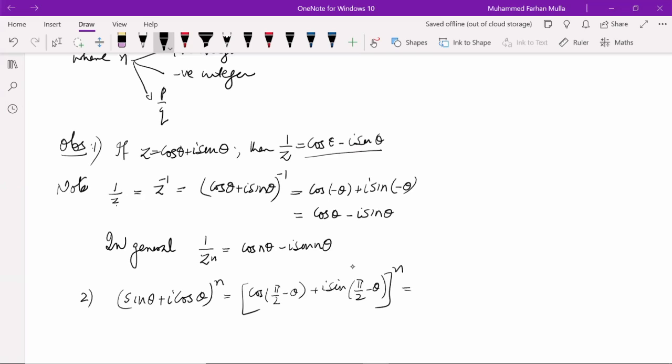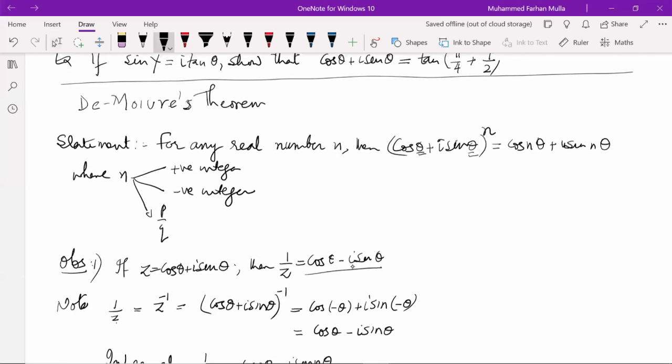Okay. But once again, whenever we have a number of cos theta plus i sine theta type, we can always use De Moivre's theorem. That is cos n theta plus i sine n theta. Okay.